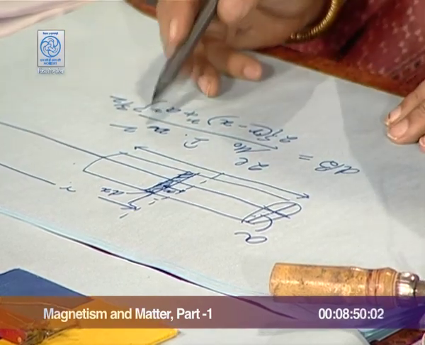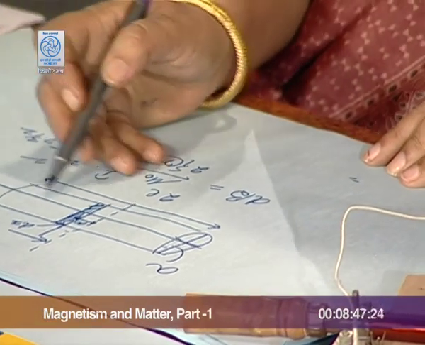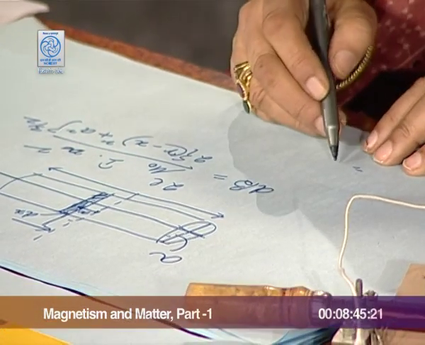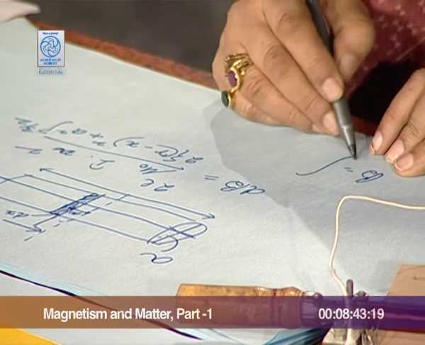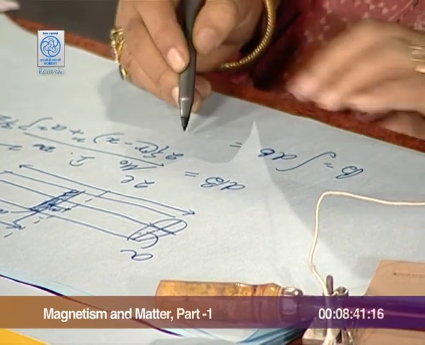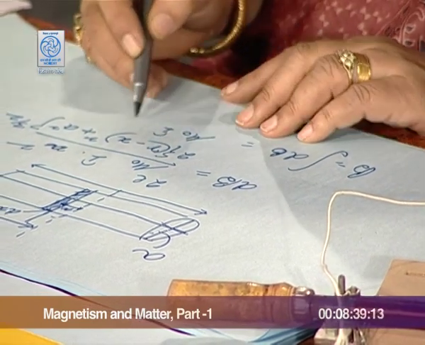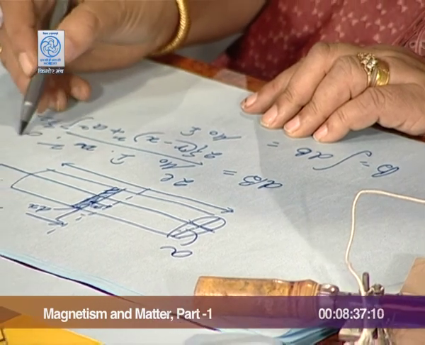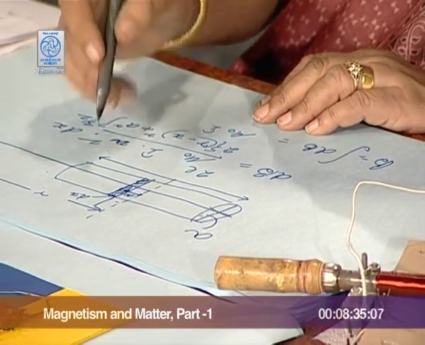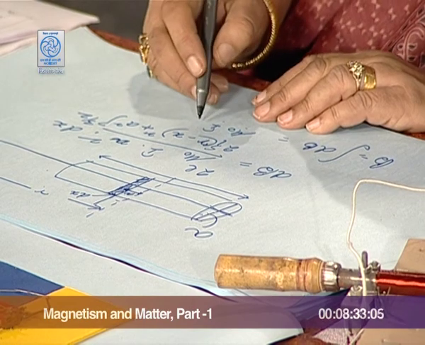Now, from here, if you were to find it for the whole solenoid, then you would have to integrate it. So, the total field would be this, which would be mu naught I, we have left out the dx. So, dx should also be included.